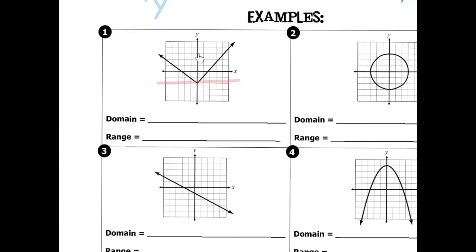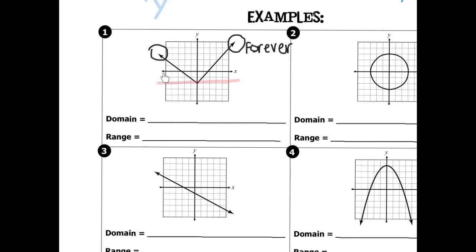And all of these x values, so the x value of 0, 1, 2, 3, and everything in between, they're all being used. And it even goes off the graph, and it has these arrows that tell me that this goes on forever in this direction. So if it goes on forever to the right, and it also goes on forever to the left, that means that I really don't have any numbers along the x-axis.